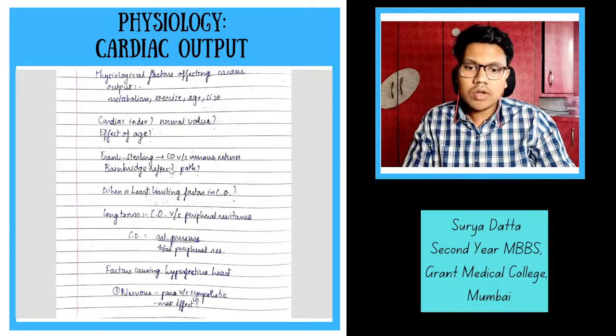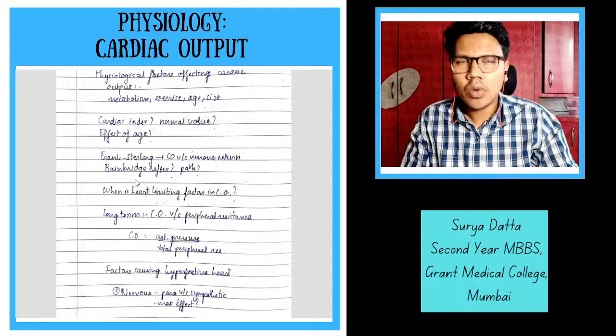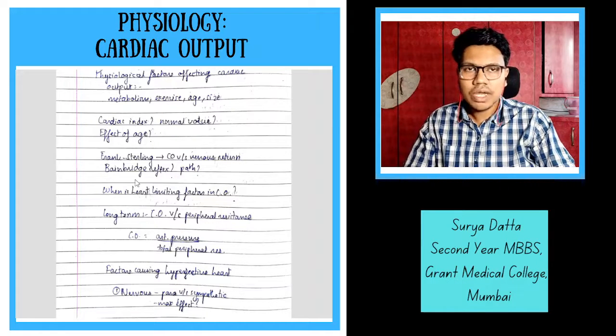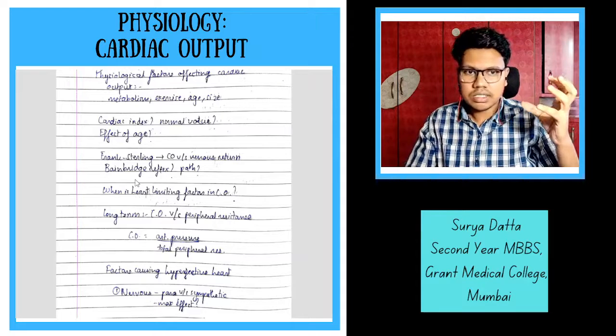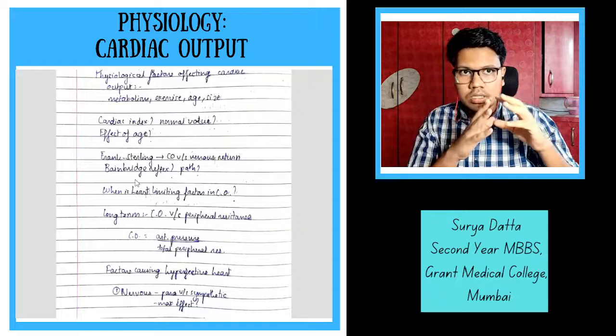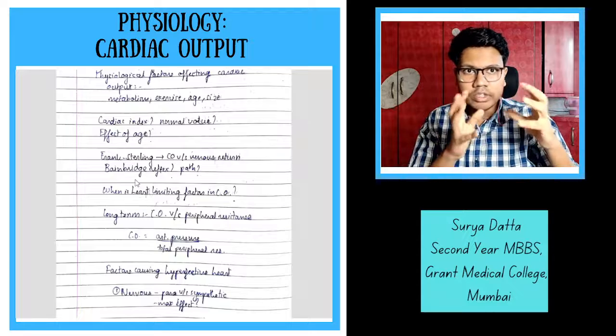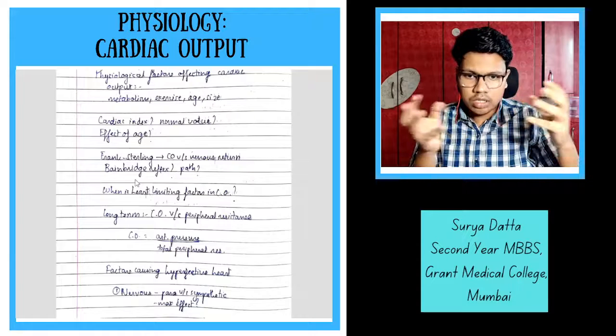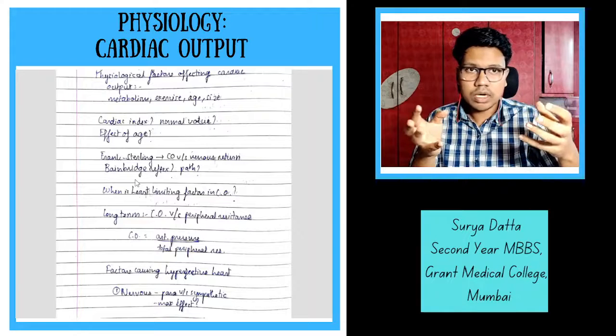Right? Now let's look at the Bainbridge reflex, which is quite a common viva question, I believe. Bainbridge reflex is basically what happens when the venous return is increasing. It's going into the atria, right? So the atria starts getting bigger, obviously because the blood is accumulating.